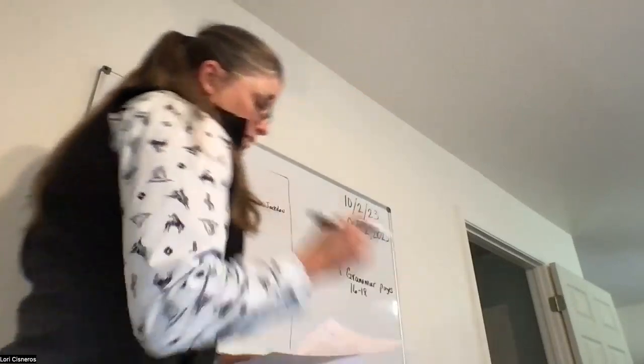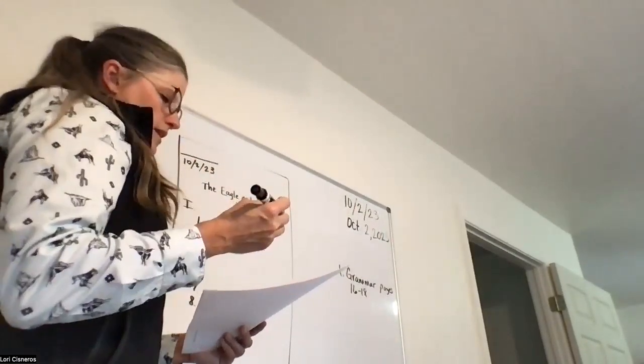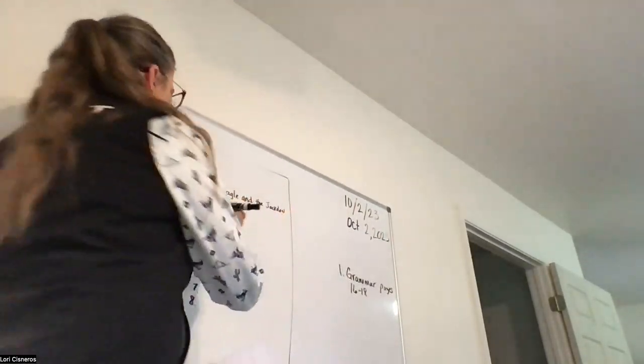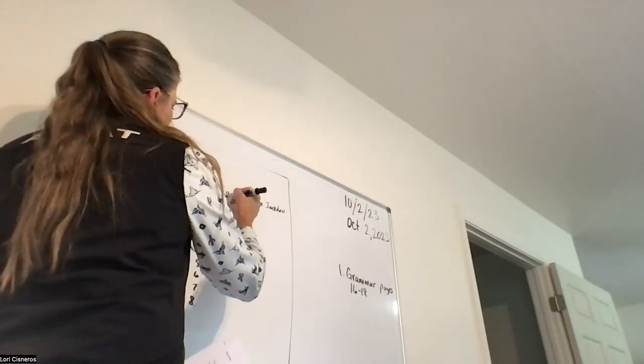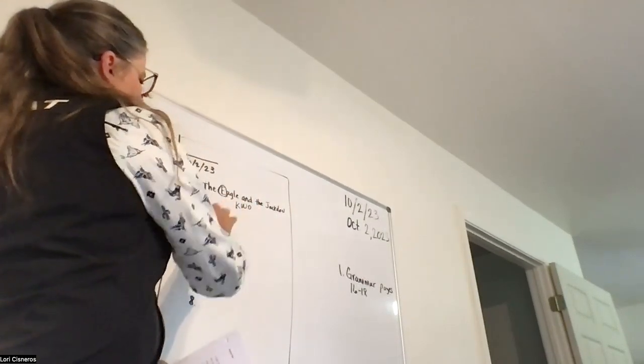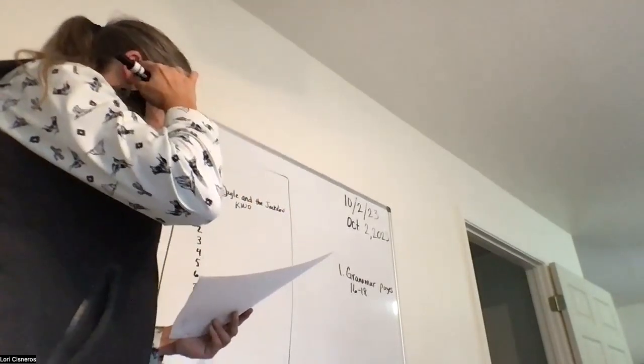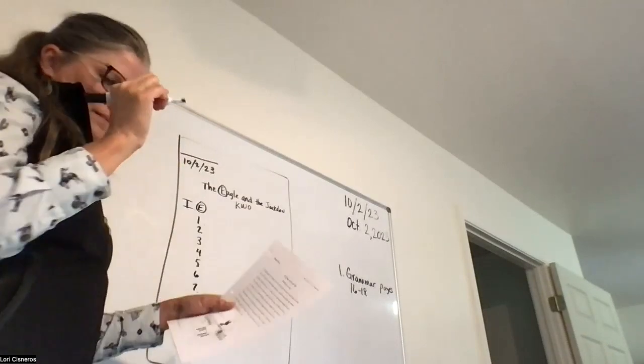Or you could do just an E for eagle. I like that. E for eagle. Let's put a circle around it, and I'm thinking if we do it here too, that'll help us remember E is for eagle. Okay.